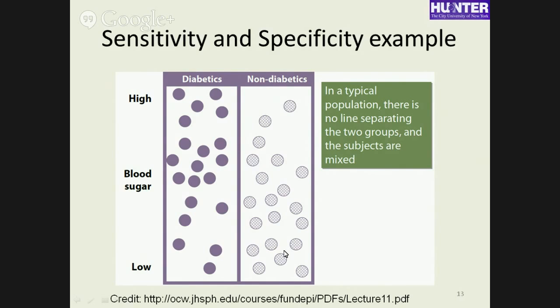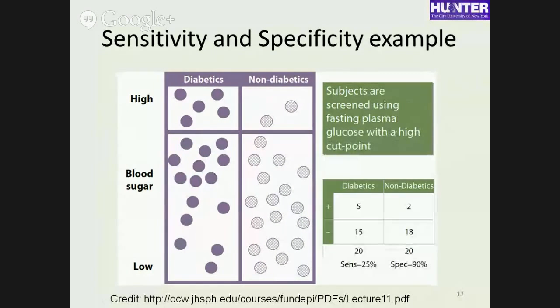The sensitivity is its performance on people with the disease, and the specificity is performance on people without the disease. Which one is without? Specificity is the performance on people without the disease.